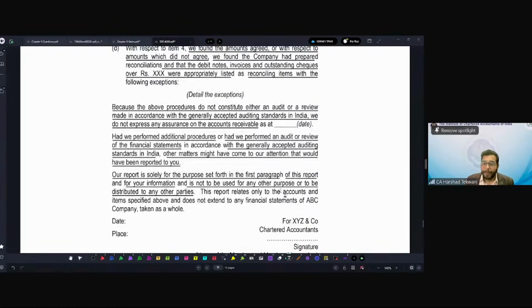So the last paragraph is to provide that, okay, this is not for any other purpose, rather this is agreed upon procedures, the purpose which has been agreed between the appointing authority and the auditor or the practitioner. This report relates only to the accounts and items specified above and does not extend to any financial statement of ABC company taken as a whole.